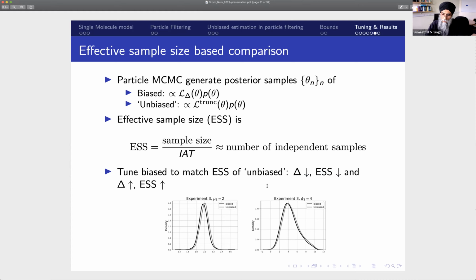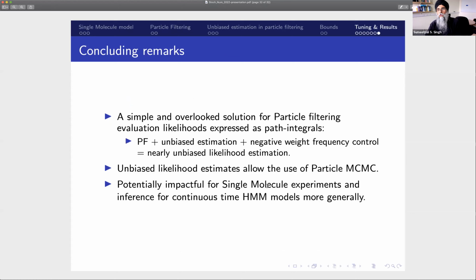Okay. So in conclusion, I think what we have is a simple and overlooked solution for particle filtering evaluation of likelihoods expressed as path integrals. What I mean by that is that we've combined a particle filter with an unbiased estimate of the path integral given by the Poisson estimate with negative weight control.